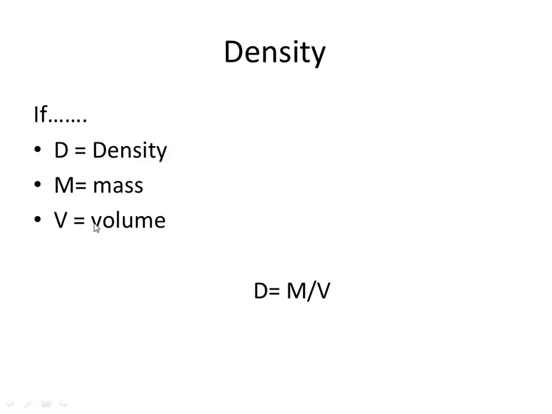I picked those letters because they're the letters that the words begin with. And D is equal to mass divided by volume. So density is equal to the mass divided by the volume. Or you can say the ratio of mass to volume.